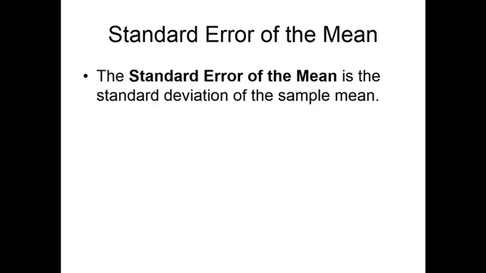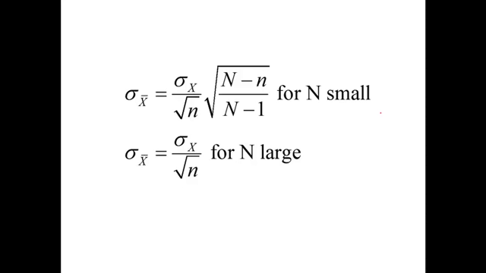The standard error of the mean is the standard deviation of the sample mean. So you go through all possible samples, take all of their possible means, and then average that. You're averaging averages. The standard deviation of that is your standard error of the mean. So what is the value?